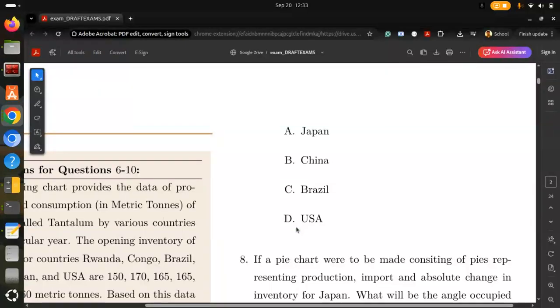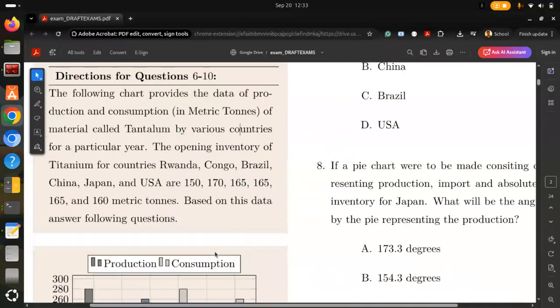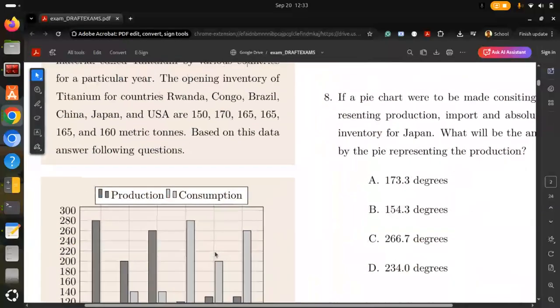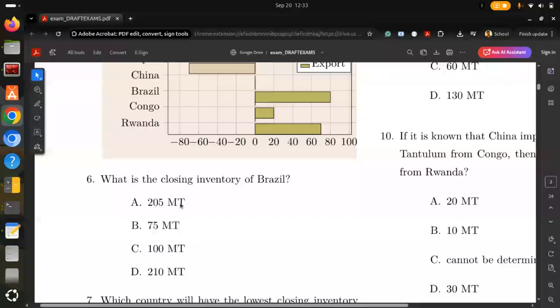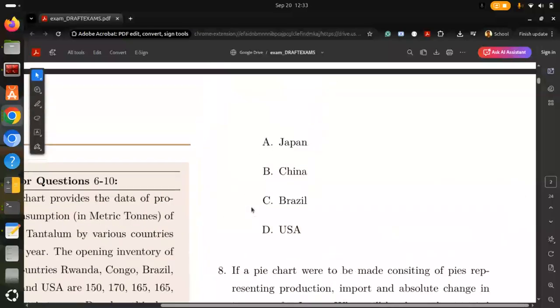Calculating for all countries is not difficult, it's easy, but it is a lengthy process. So let us see whether simple observation leads to the answer. Brazil we already know: the closing inventory is 205. Let us keep that in mind. Now Japan, China, and USA we need to see.